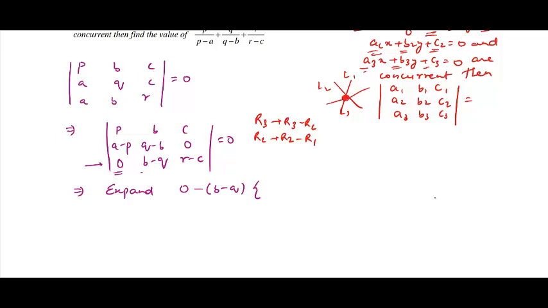Now its cofactors, if you recall, will be, you have to leave this and you have to leave this, so the cofactor becomes 0 minus c times a minus p, and then plus r minus c times its cofactors.